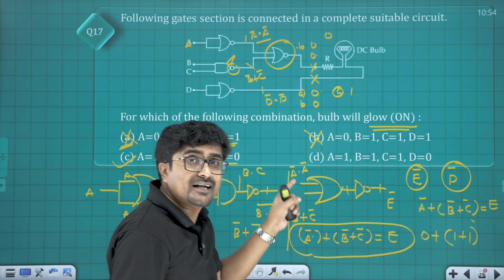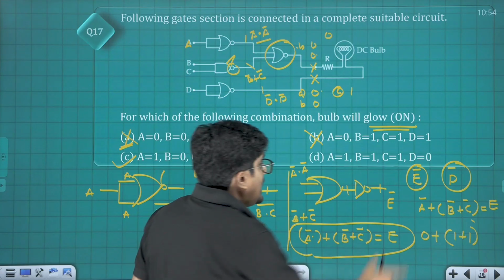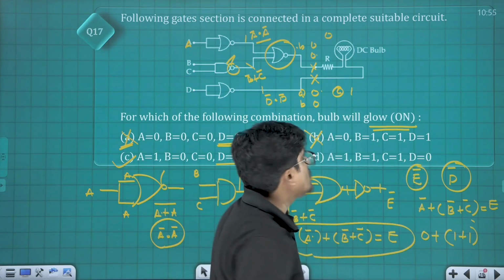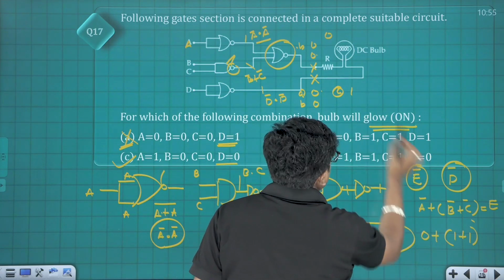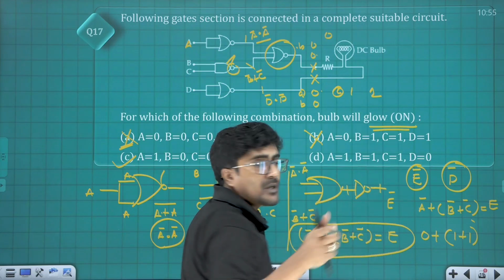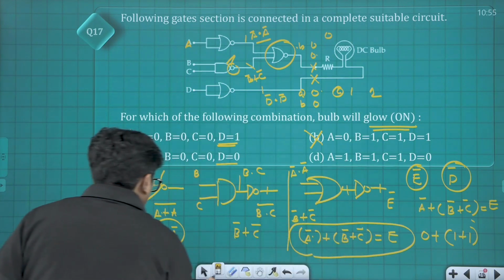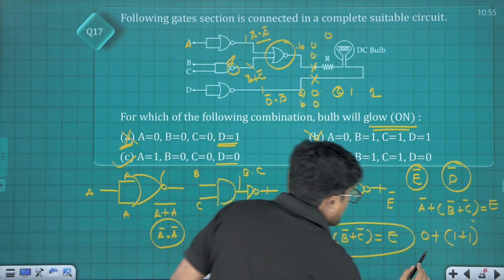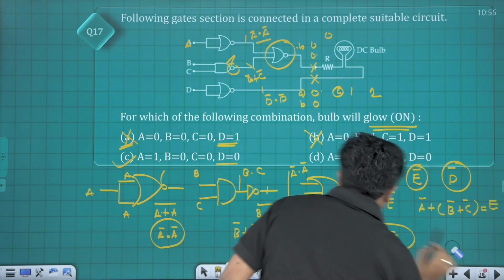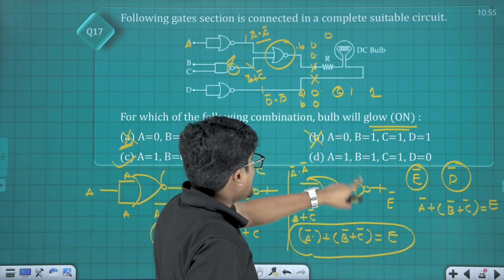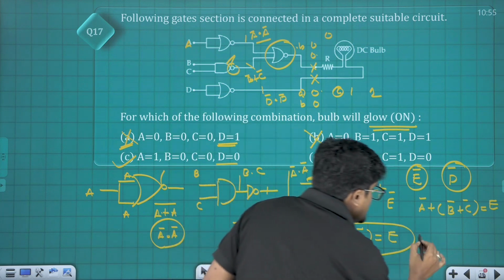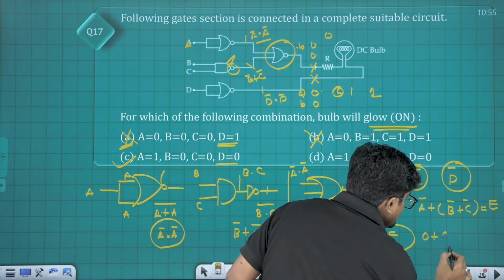Let us check the correctness of option D also. Here D is coming as 0, so the inverse of that is going to be 1. Now A is coming as 1, the inverse of that is 0.